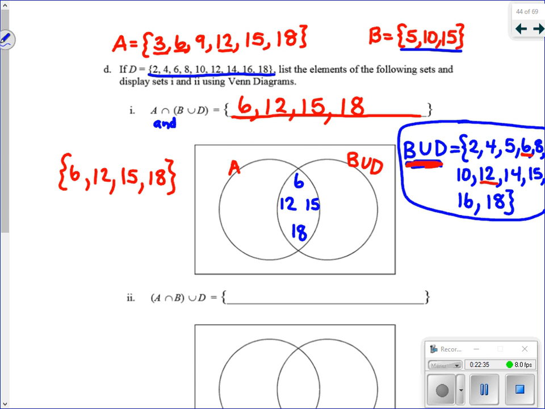Okay? So we've already put those in their place, so we can put all the other ones. They are in just B union D. So that would be my 2, my 4, my 5, 8, 10, 14, 16.